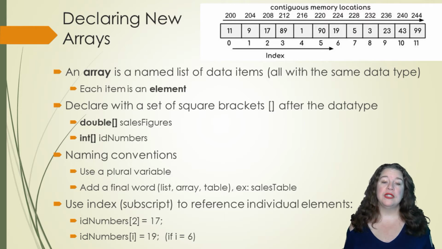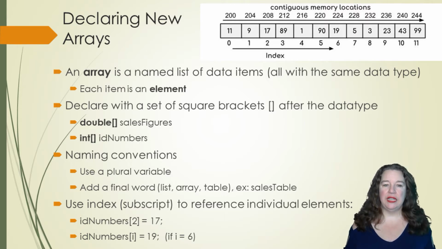When we want to reference an individual item in an array, we refer to that as the subscript or the index of that item. In Java, we reference that index inside of the square brackets. So we declare our array name, ID numbers, and then open and close square brackets with the index number on the inside.